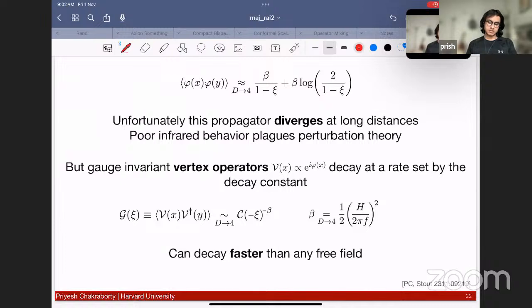Unfortunately though, even though the propagator is not singular anymore, what this compact scalar propagator looks like in 4 dimensions is this 1 over c piece plus a log. So the 1 over c piece is the same as having a 1 over r squared term.